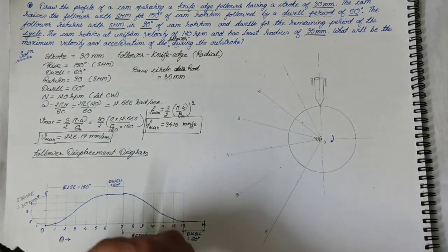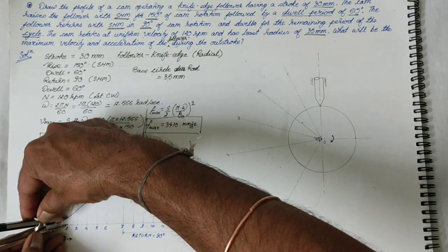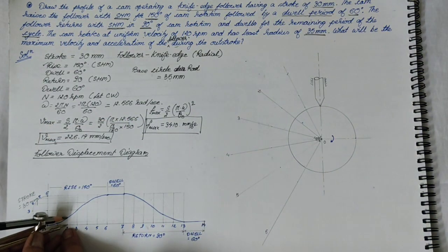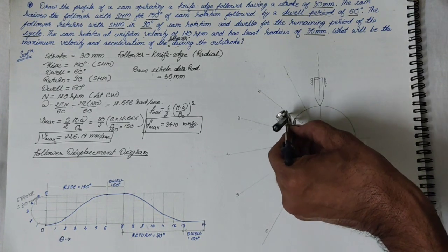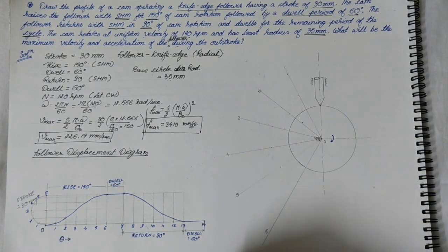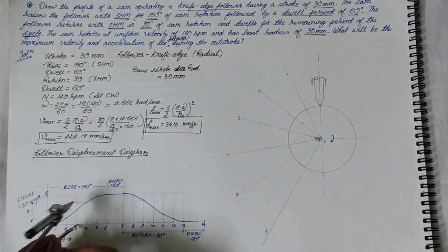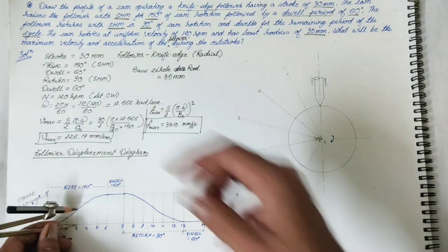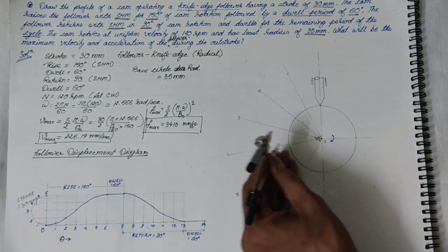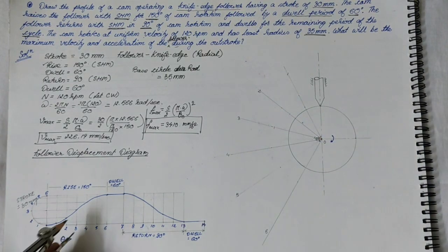Then the displacement for the second step, from 2, we take this value. From the base circle I get this point. For 3, we take this from the displacement diagram. So for the third step, from the base circle, the follower will be lifted here.